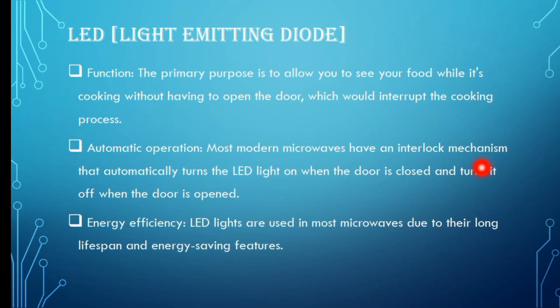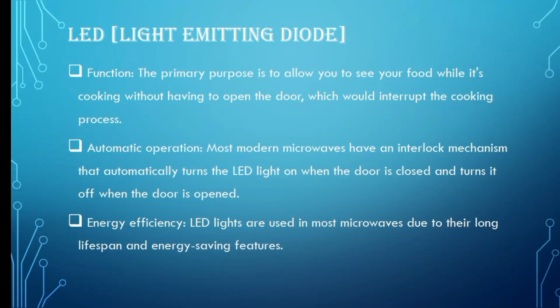Coming to the LED, in a microwave with an embedded system, the LED functions as a visual display element, typically used to show the time, power level or operational status of the appliance, controlled by the embedded microcontroller within the microwave, allowing for precise illumination of the digital digits on the control panel.